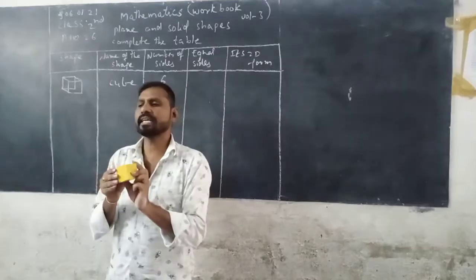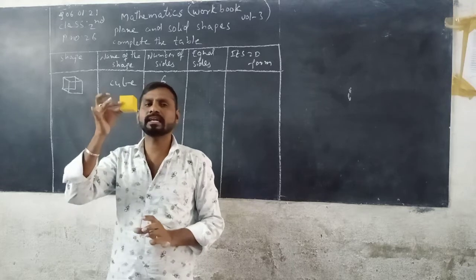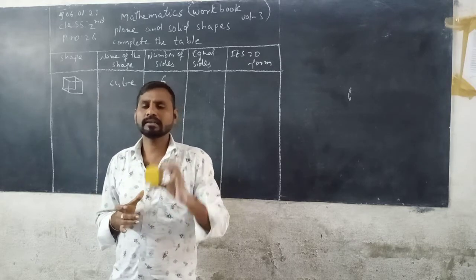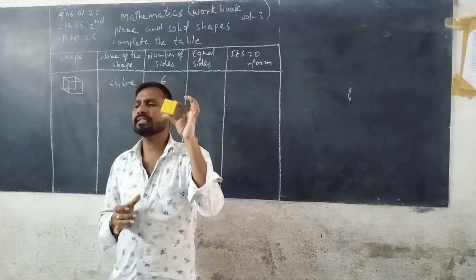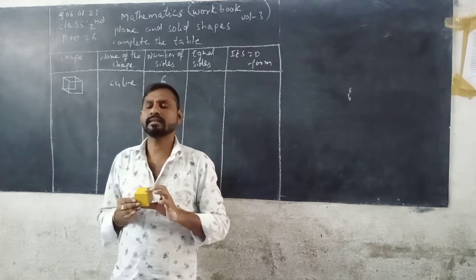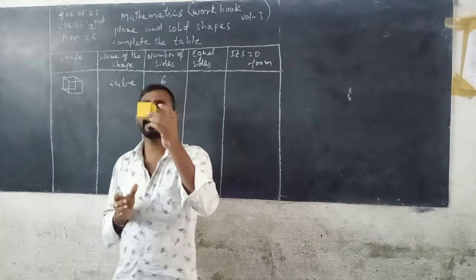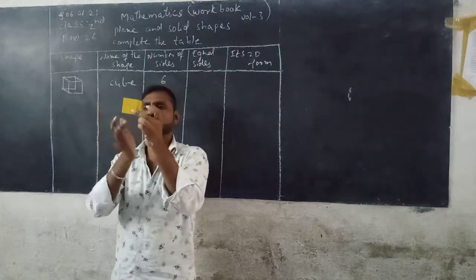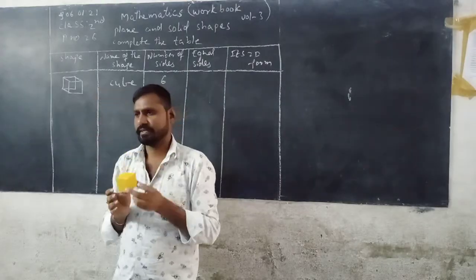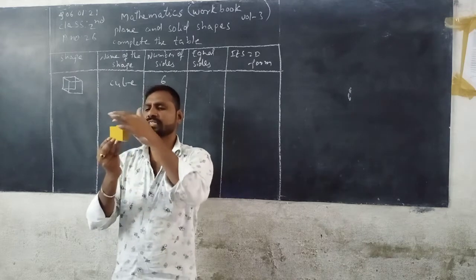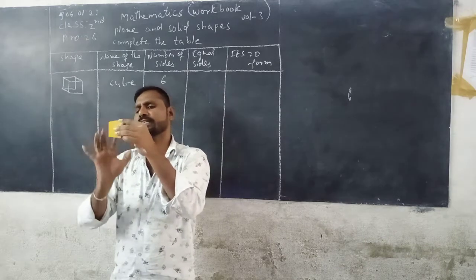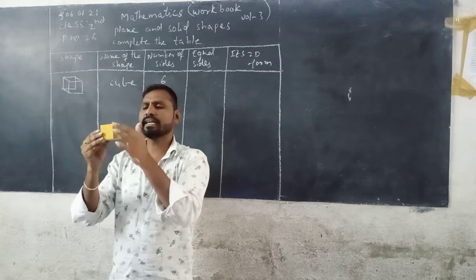Cube is a 3D shape, and it has 3 dimensions: length, width, and depth. It has 6 faces: 1, 2, 3, 4, 5, 6, and it has 12 edges: 1, 2, 3, 4, 5, 6, 7, 8, 9, 10, 11, 12.